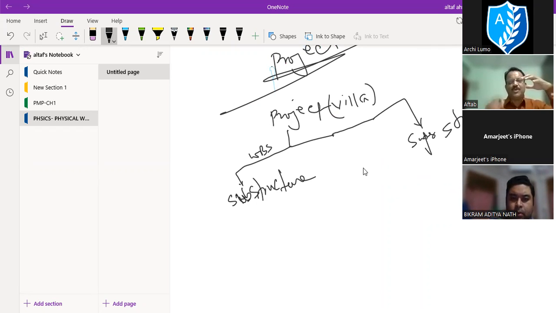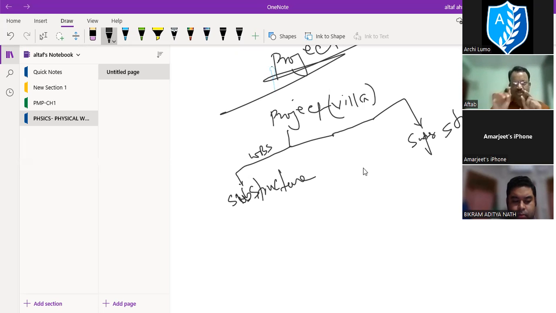Any villa can be divided into two components: one is substructure, another is superstructure. Substructure is normally the part which is underground, but sometimes when the road level is up, the plinth level is also covered. So we normally take the entire substructure up to plinth level.